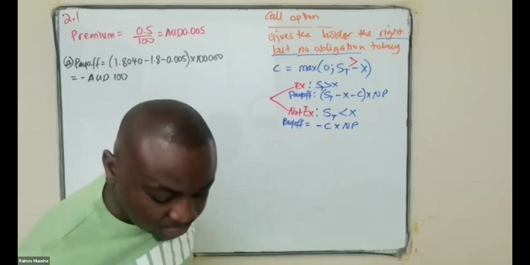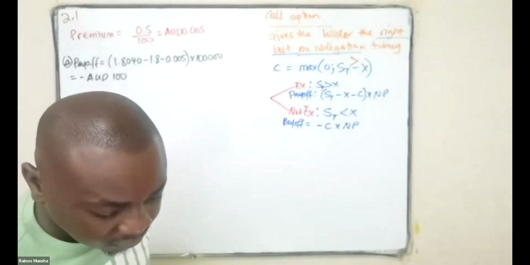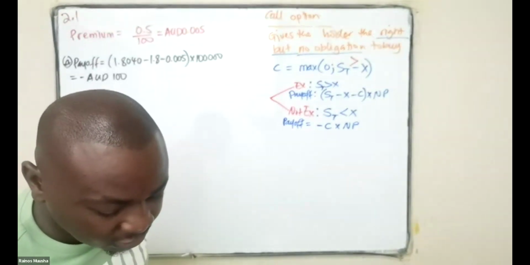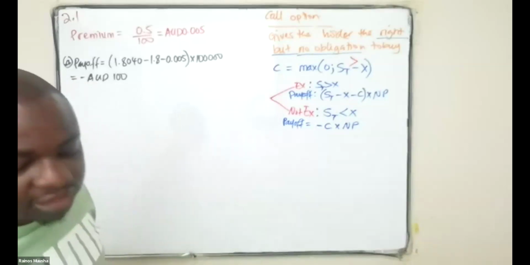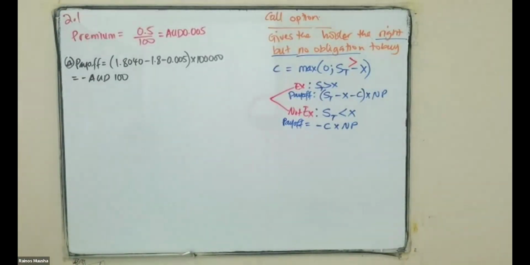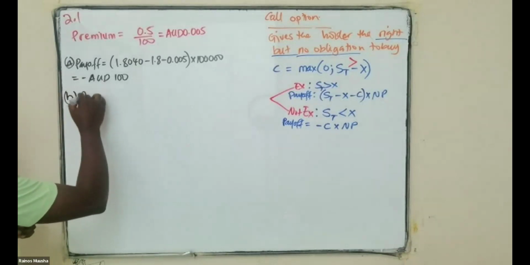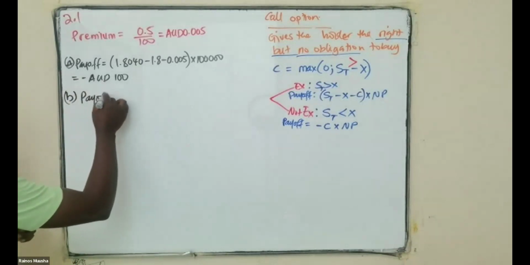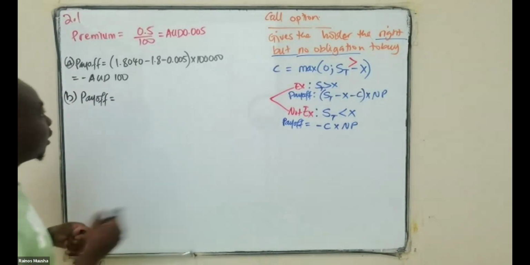Then for the next part of the question, the spot price is 1.8260. So are we going to exercise this option or not? We're going to exercise it.